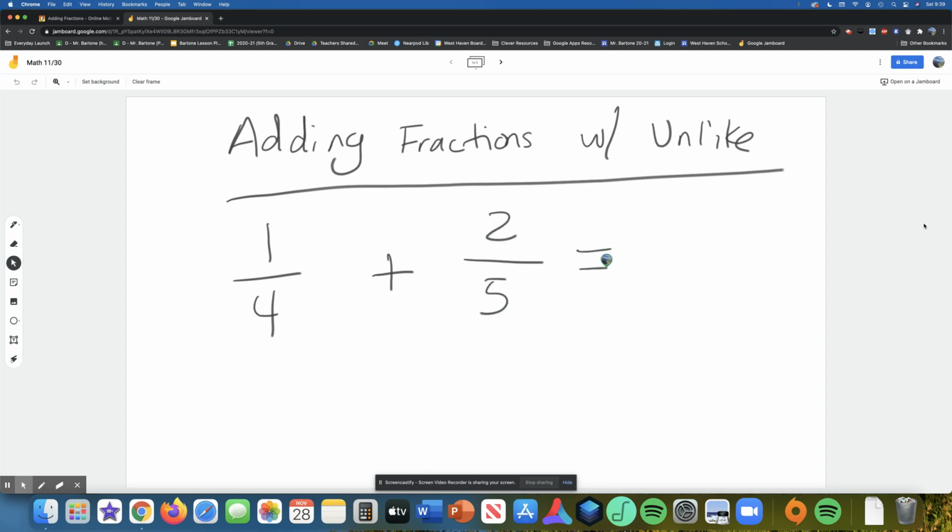We can already see down here that the denominators are not the same. So we need to make sure that we create common denominators. Let's think back to what happened in the video. We know that the strategy is called circles and arrows.